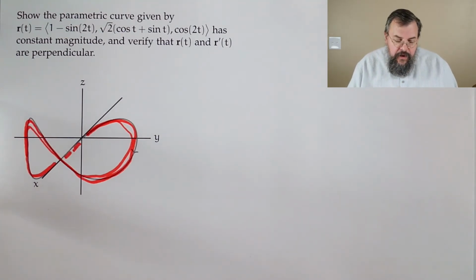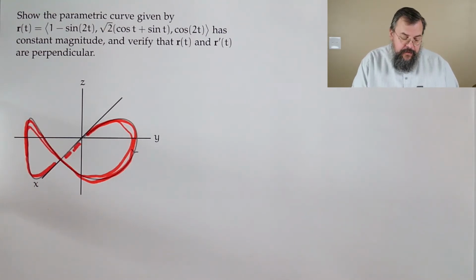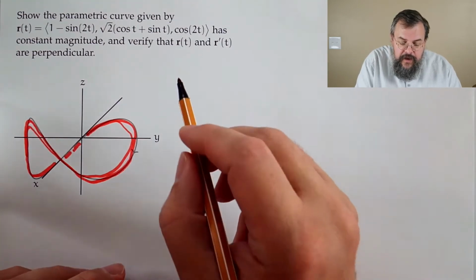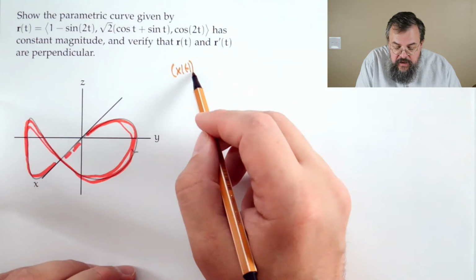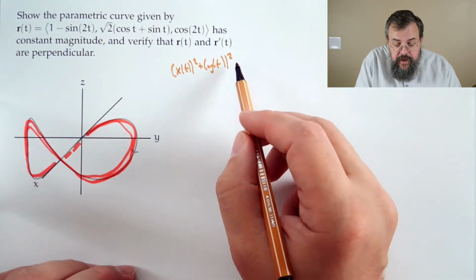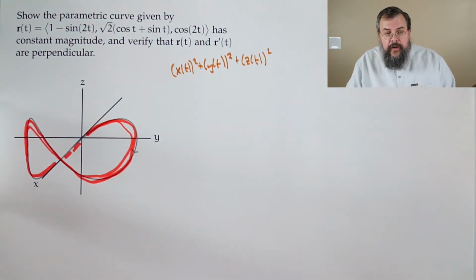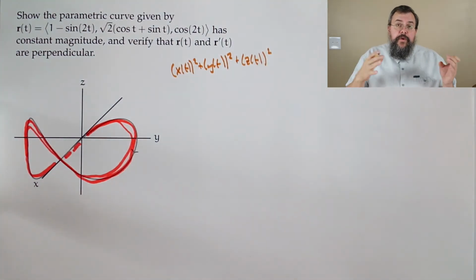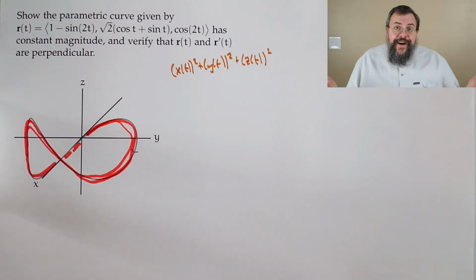And so, okay, well, what do we do? We find the magnitude. And in particular, what we need to do is look at the following. We want to look at x of t squared plus y of t squared plus z of t squared, and we want to compute that. If that's constant, then our magnitude is constant. If it's not constant, our magnitude is not constant.